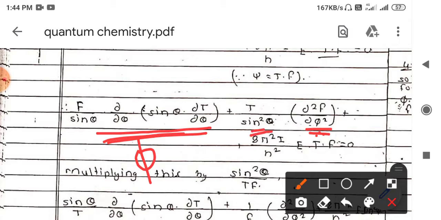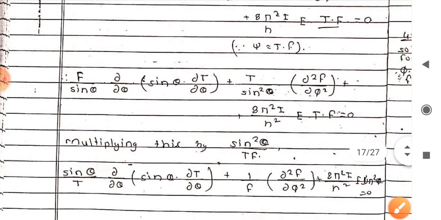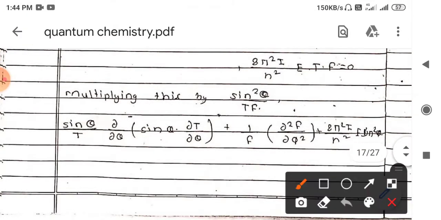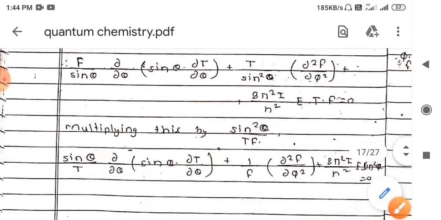Along with this there are terms of T upon sine square theta, which belong to the theta equation. So we have to eliminate this. How can we eliminate that? We can simply multiply by sine square theta into T into F.